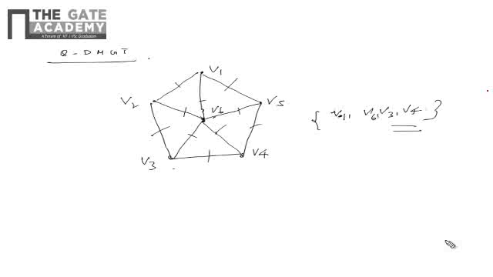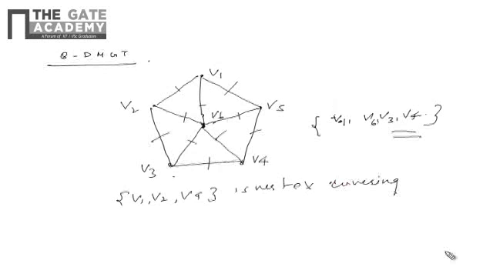Now just check option D. It is given that v1, v2, v4 is a vertex covering. So just find out which edges are covered by these three vertices. Let me name the edges: e1, e2, e3, e4, e5, e6, e7, then e8, e9, and e10.